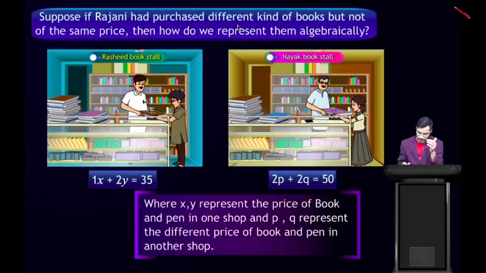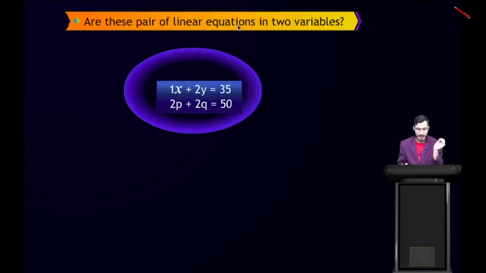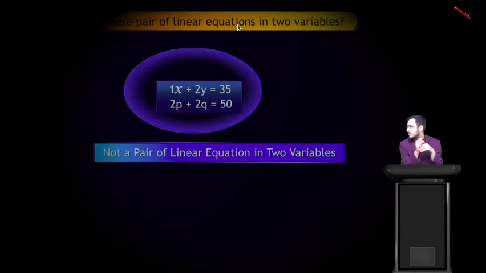So in this case, you can see x plus 2y is equal to 35, 2p plus 2q is equal to 50. Are these a pair of linear equations in two variables? Yes or no? No, not a pair of linear equations in two variables. So remember always, a pair of linear equations means the same variables in both equations.